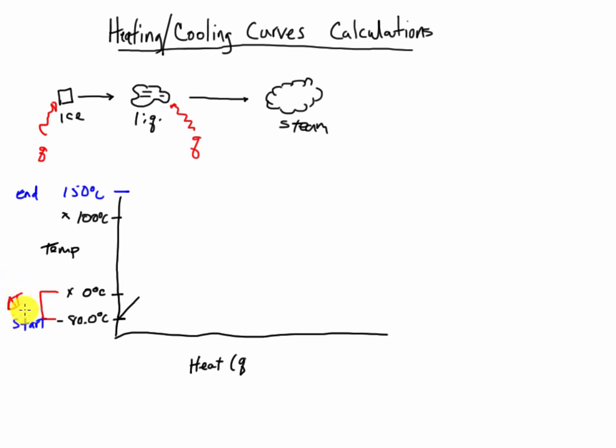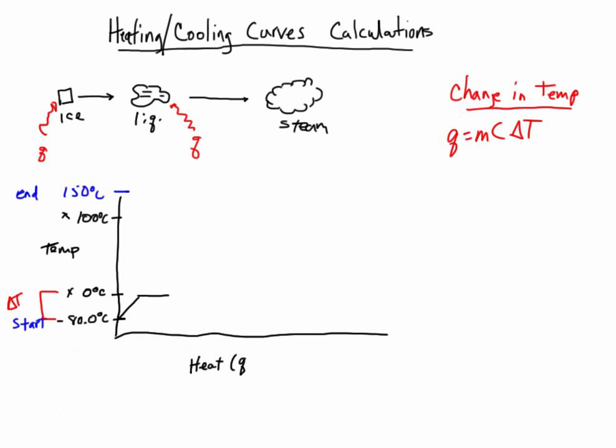The change in temperature is going to occur from negative 80 to 0 degrees Celsius. That's important to know because if we have a change in temperature, we're going to use Q equals MC delta T. So anytime we have a change in temperature, we're going to use this equation. Now for phase changes, the temperature will not change.